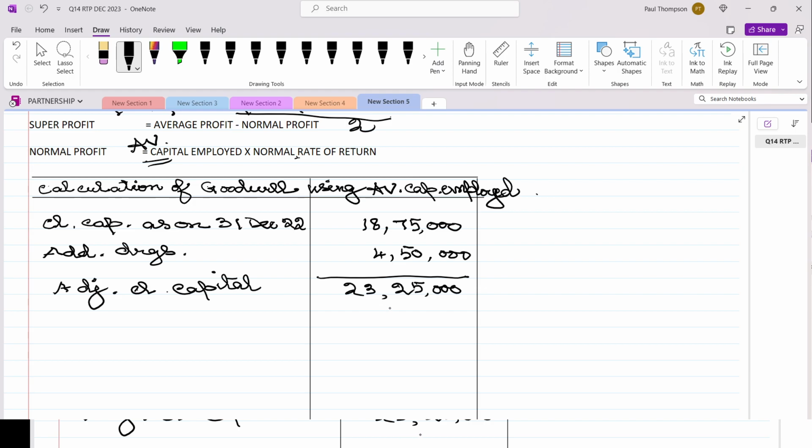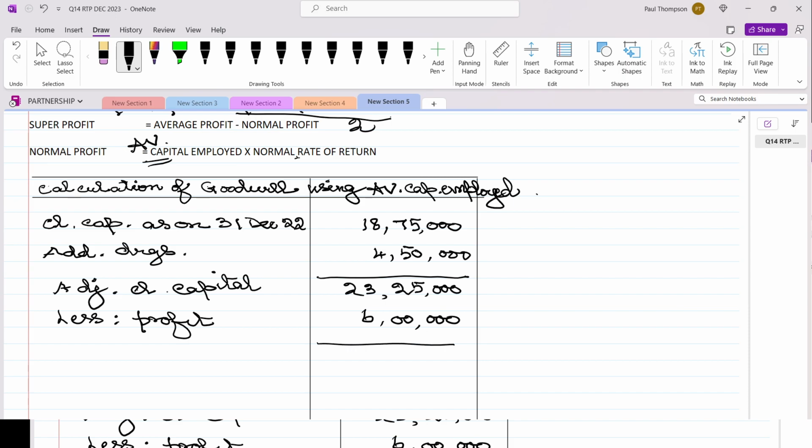Now if we less the profit, we will get the opening capital. Profit they have given is 6 lakh they earned during the year. So now this comes to 17 lakh 25,000. This is the opening capital of all the partners.